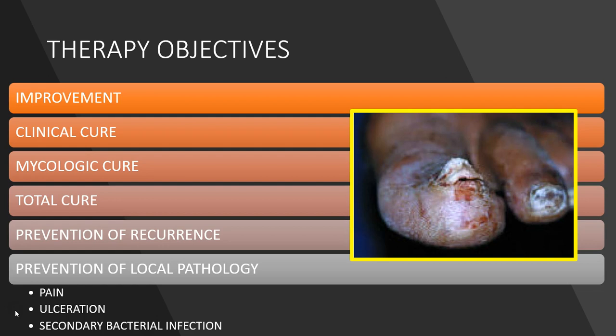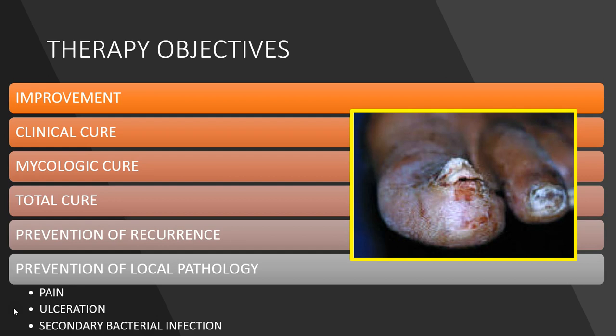Are you going to go for clinical cure, meaning that the nail will look better but not necessarily have relief from the fungal infection? Are we going for a mycologic cure? Are we going for total cure, meaning we have removed the fungus with negative KOH and negative fungal cultures at some point, together with restitution of a normal-appearing nail?